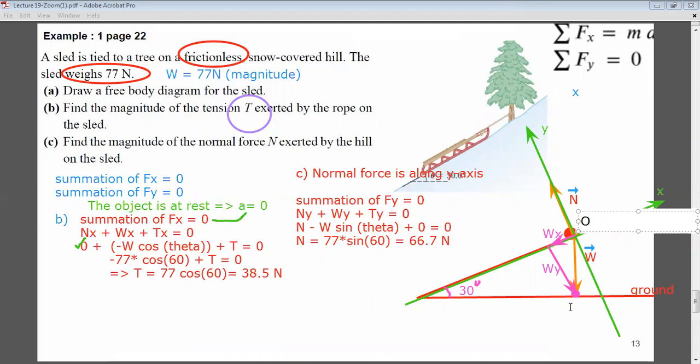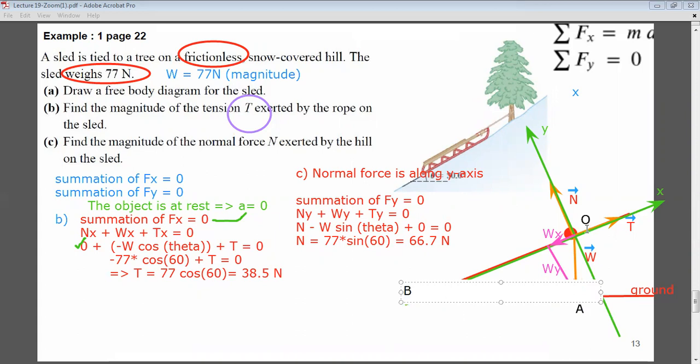If you look at this triangle OAB, if this angle is 30, then how much is this angle over here? This is a right triangle, right angle at A. If this angle is 30 and this angle is 90, then this angle is 60.